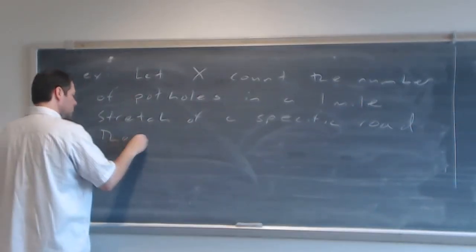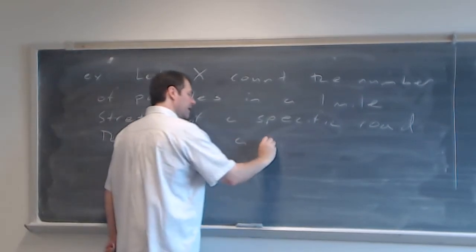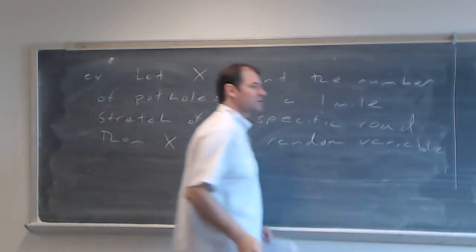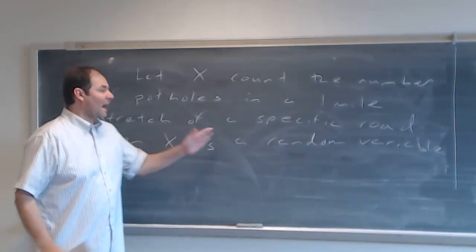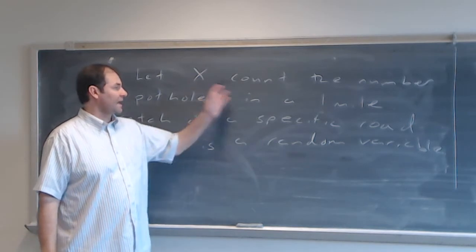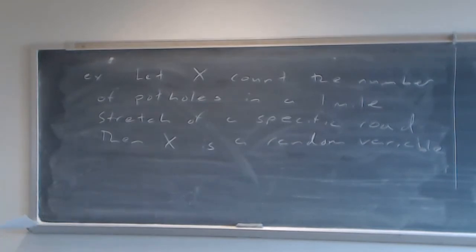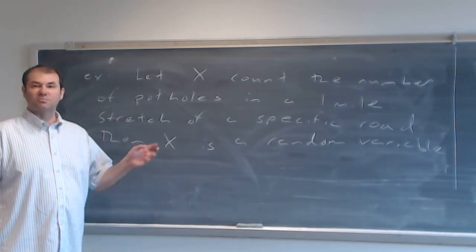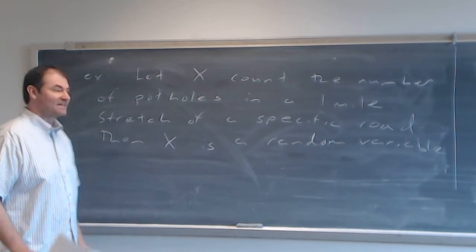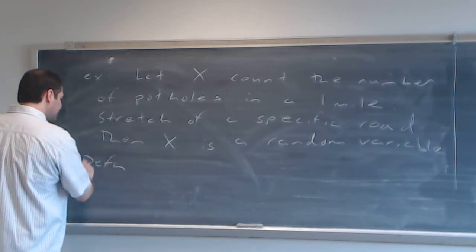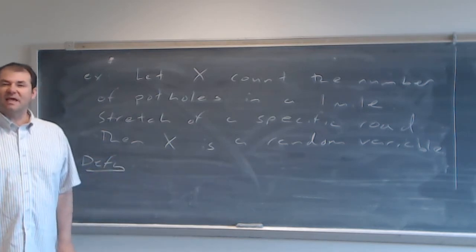Then X is a random variable. So you've got different 1 mile sections of this particular road. You say X of that particular 1 mile, how many potholes does it have? It has a numerical value, and so that's a random variable. And so the random experiment is which 1 mile of the road you're looking at.